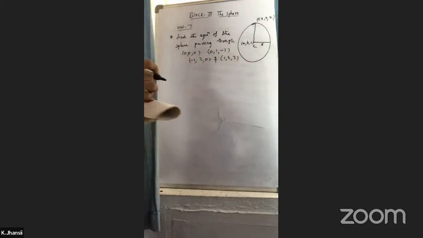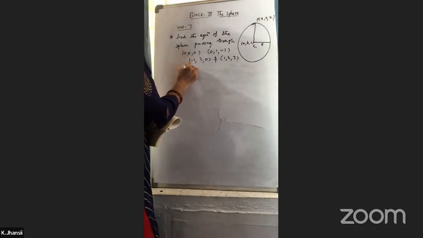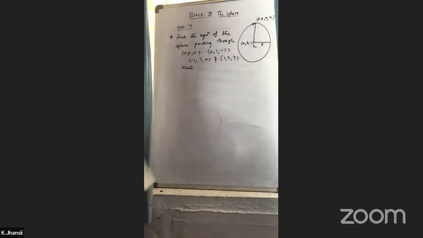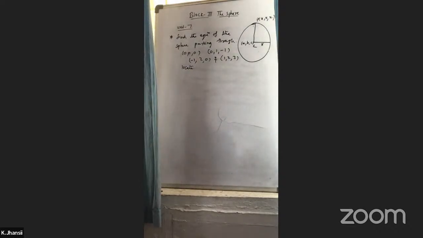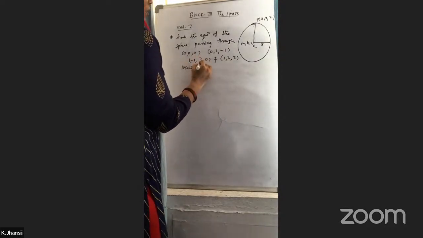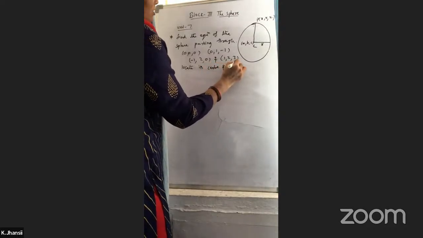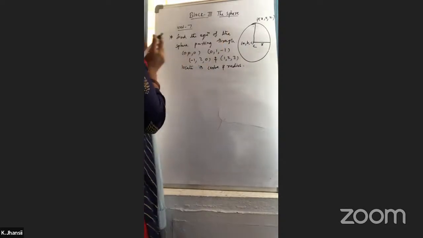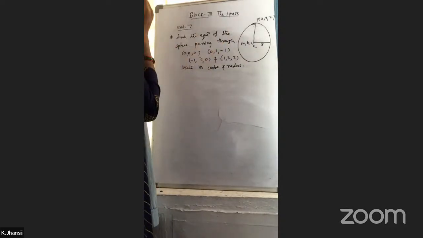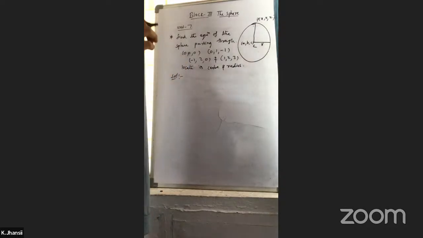These are the 4 points. Actually, the question asks only to find the equation of the sphere, so in this example I am telling how to find the center and radius. In the exam there is no need for finding the center and radius, but here we will see how we can find them.